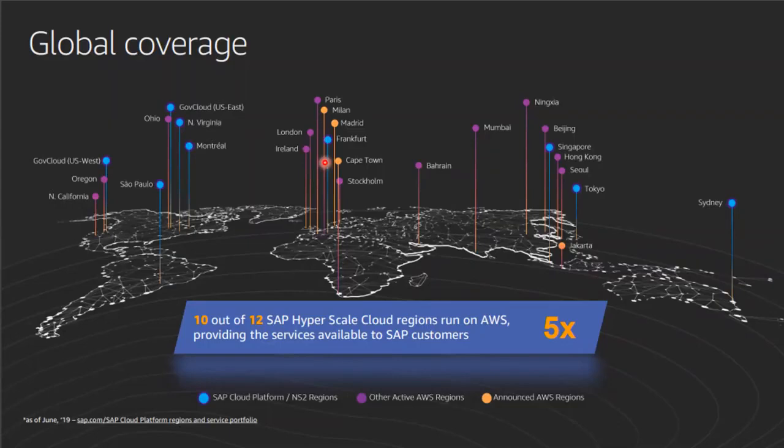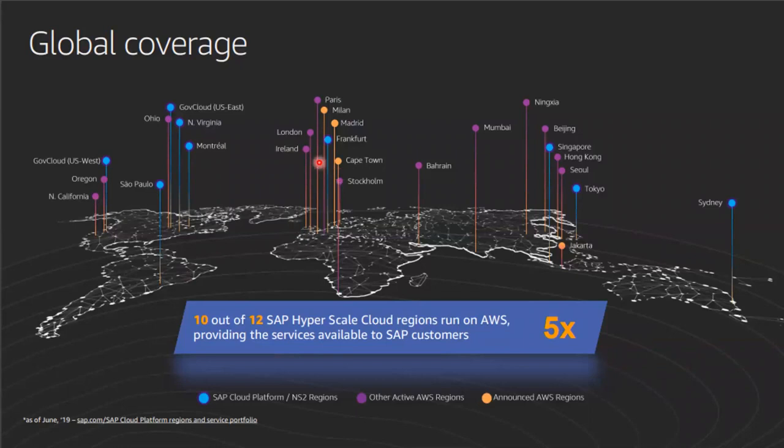10 out of 12 SAP hyperscale cloud regions run on AWS. In blue, you can see SAP Cloud Platform, NS2 region, which is also on AWS. And in purple, you have active AWS regions.